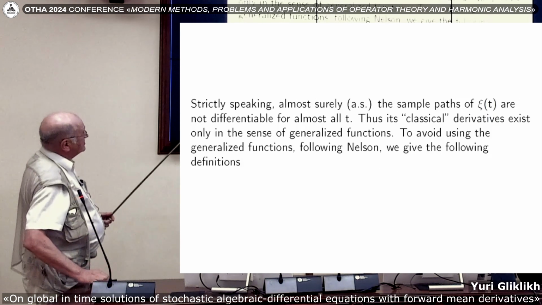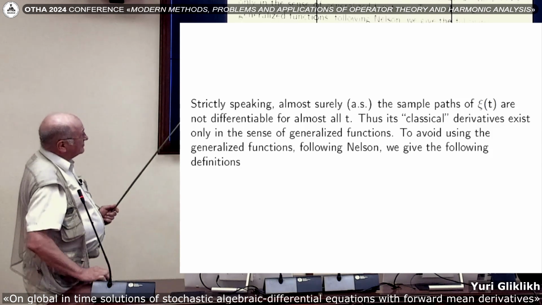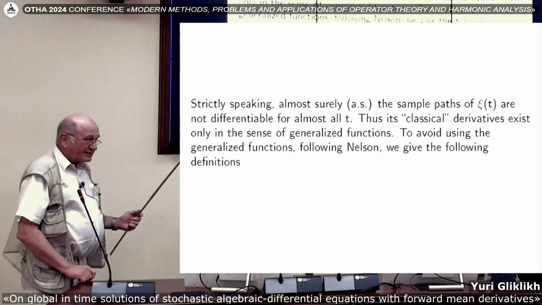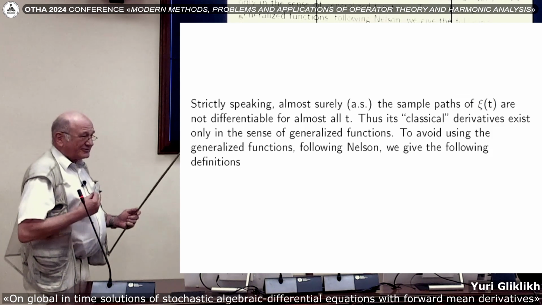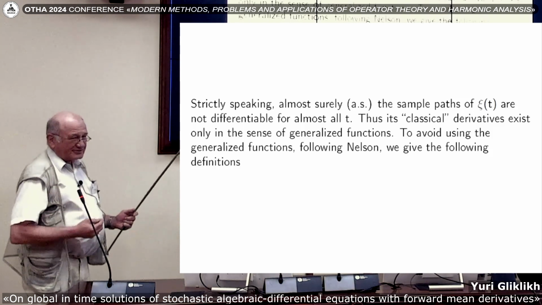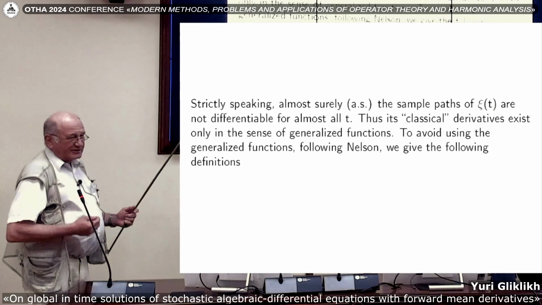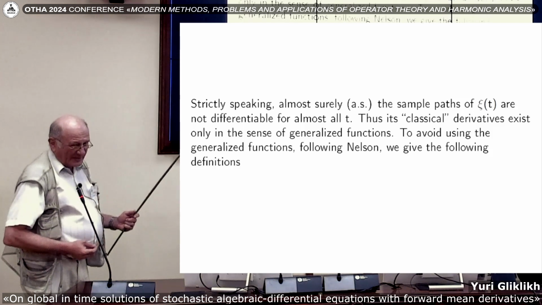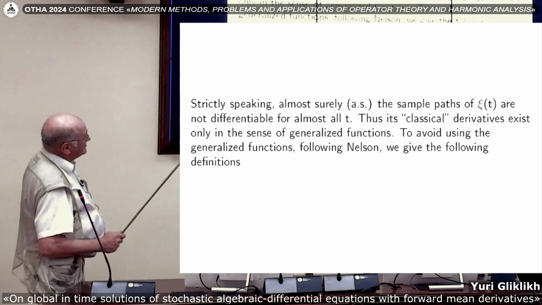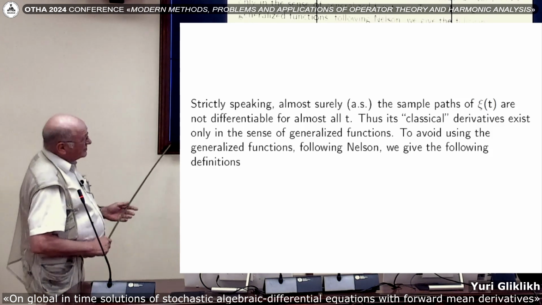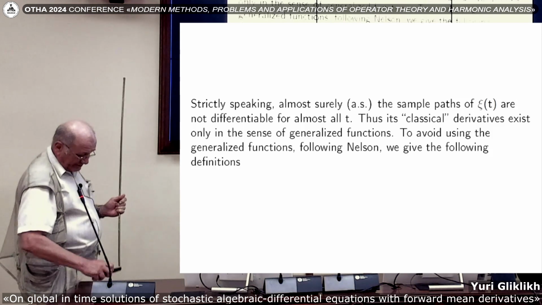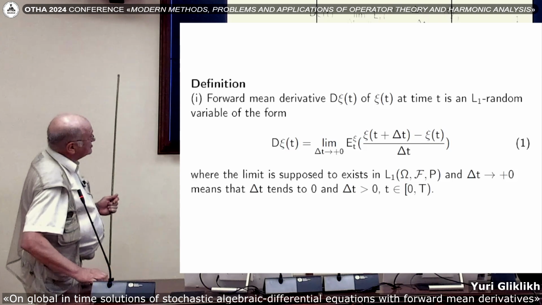Of course, everybody knows that for a normal, in the common sense, stochastic process, all its sample trajectories are not differentiable. And Nelson suggested what to do in this situation. We don't want to use generalized functions, and give the definitions as follows.